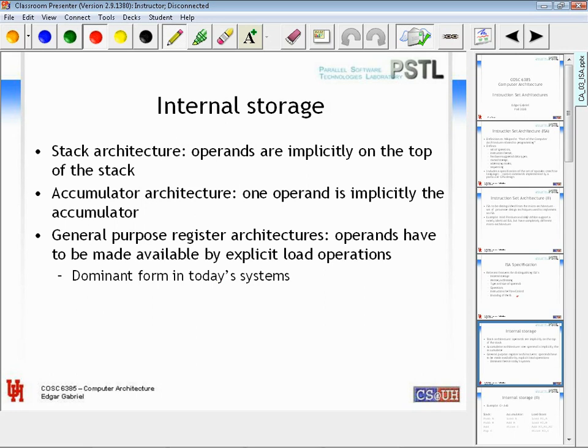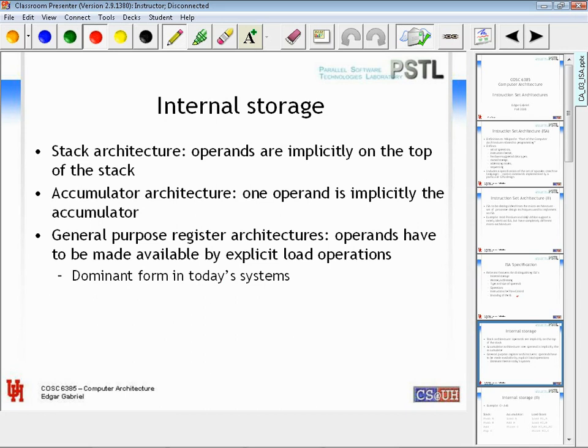The first ones were so-called stack architectures, where data items were assumed to sit on a stack, and an operation was implicitly executed with the data items on top of the stack. The accumulator architecture assumed that one of the elements had to be explicitly available in an accumulator, and as we will see in a minute, if you add a data item, you always add it to the data item in the accumulator.